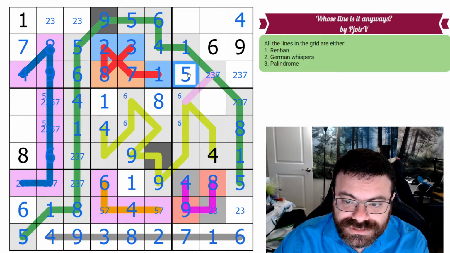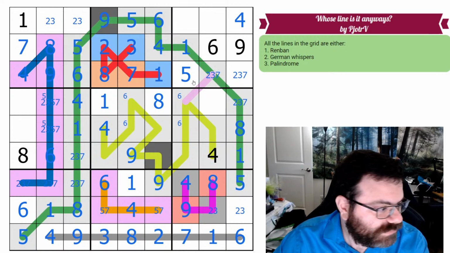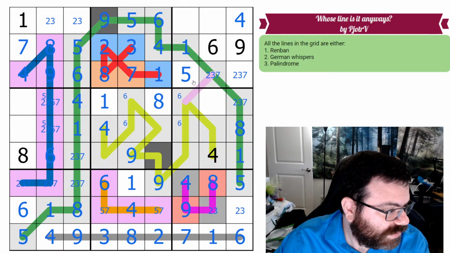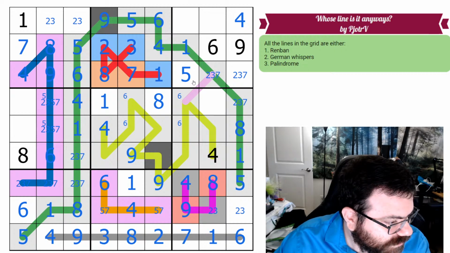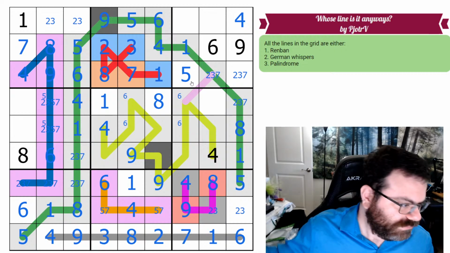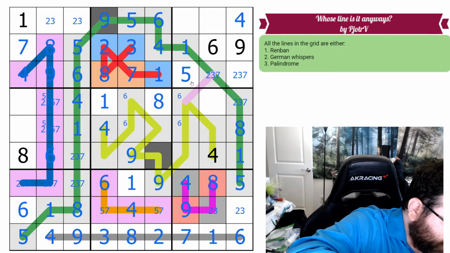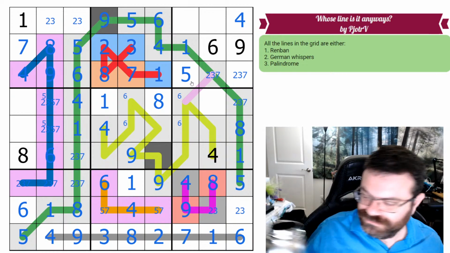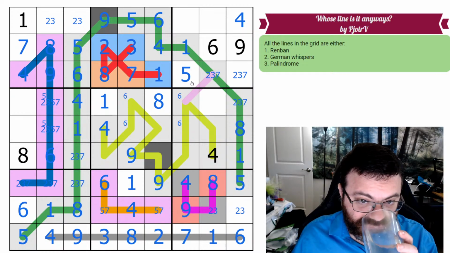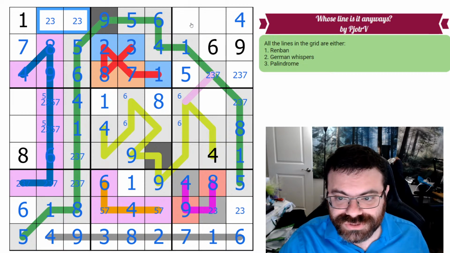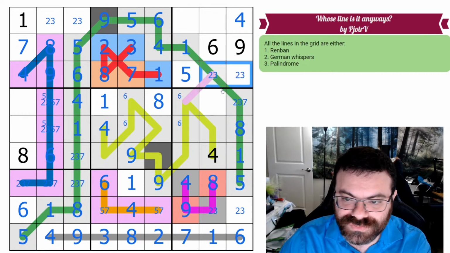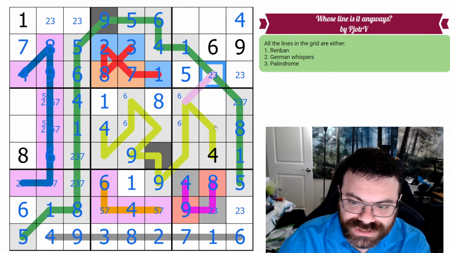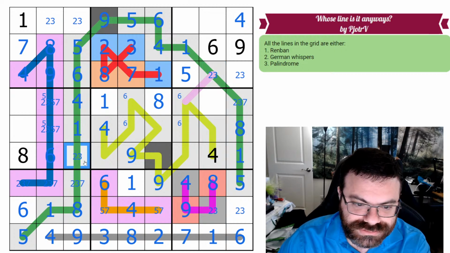These two 5s look in. A 2, 3 pair here means this is a 2, 3 pair as well. This 2, 3 is here.